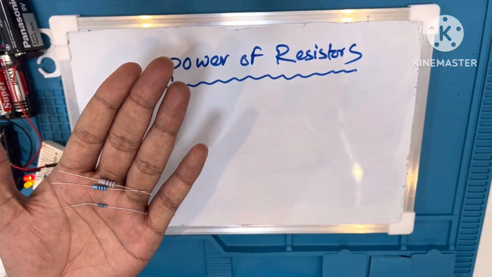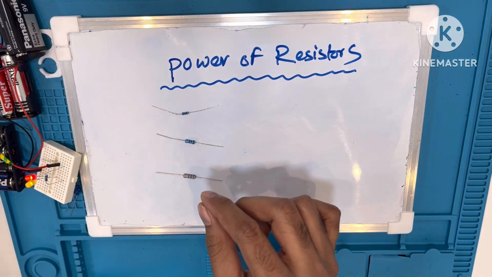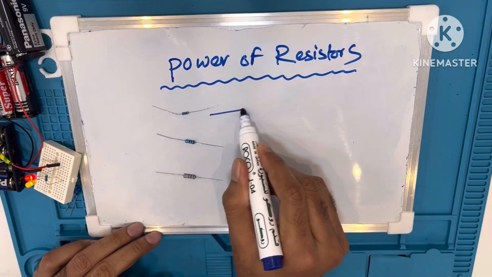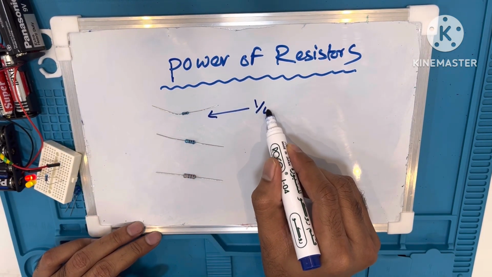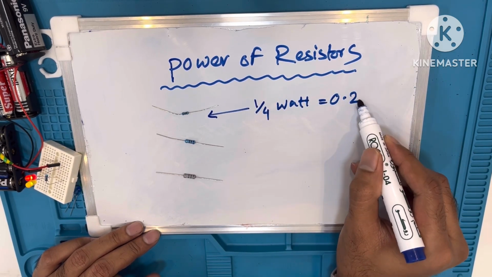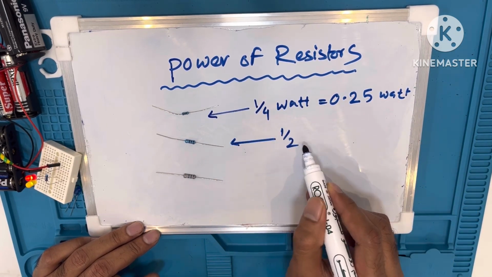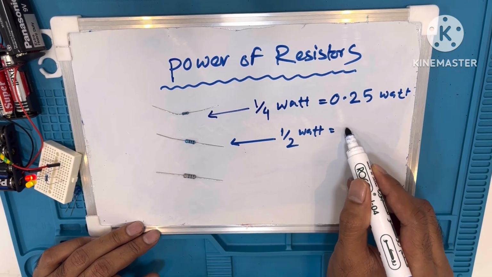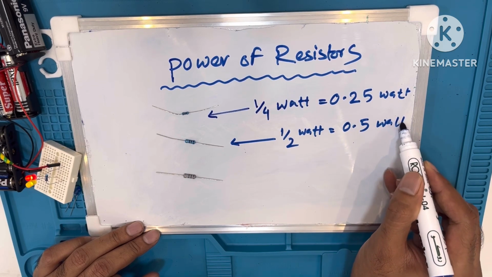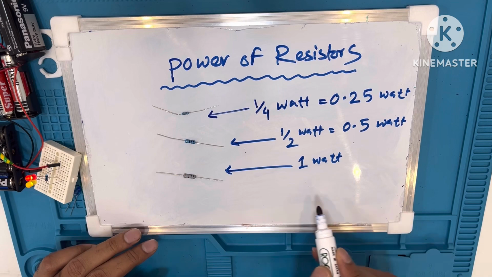Then what is the difference between them? The difference between them is power rating. The smallest resistor is 1/4 of a watt, which is 0.25 watts, the medium one is half a watt, which is 0.5 watt, and this biggest one is a 1 watt resistor.